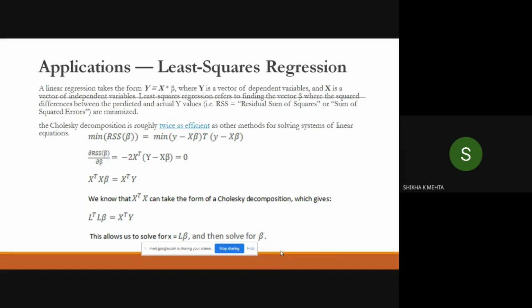So that means it looks like what we have studied just now in the Cholesky decomposition: x transpose x is equal to L transpose L, into beta is equal to x transpose y. So we have converted it into that particular form. Now we can apply the Cholesky decomposition to solve this equation.